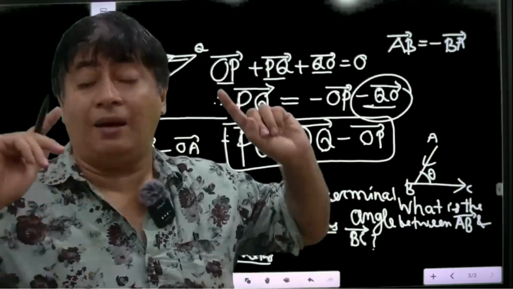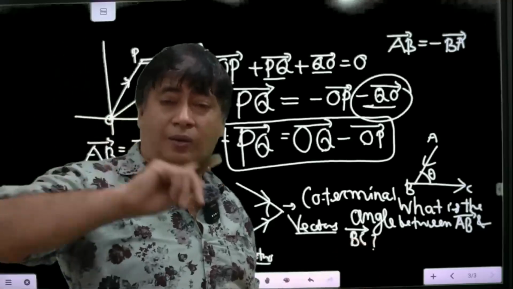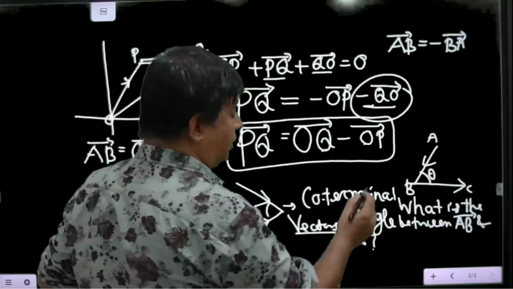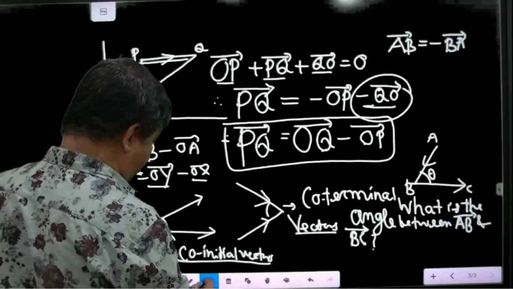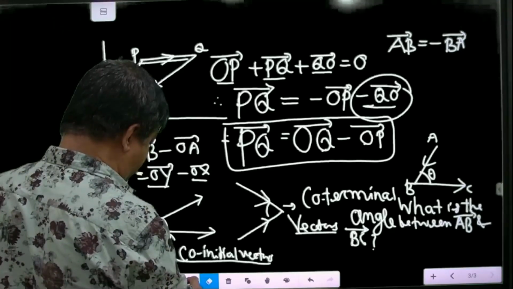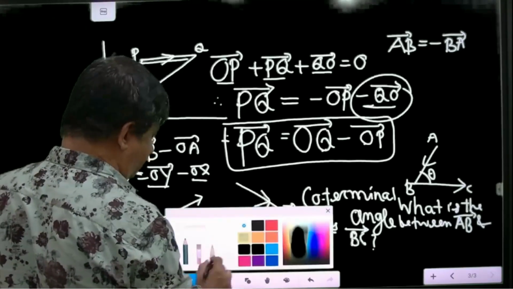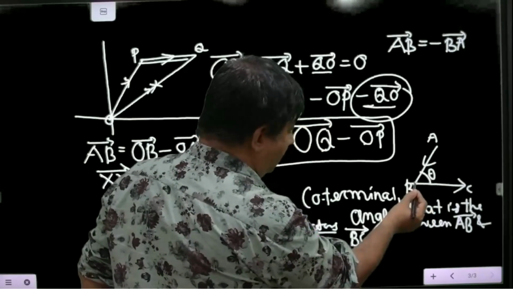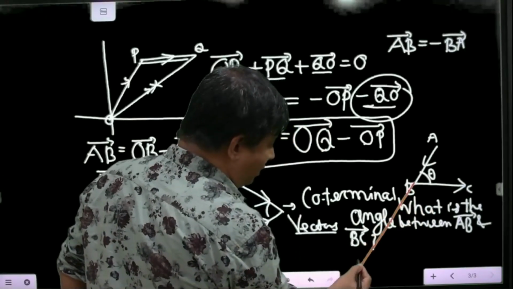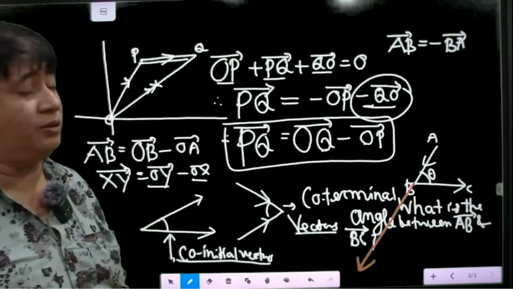So I have to make them either co-initial or co-terminal. So to make it co-terminal, you produce it like this, produce it.